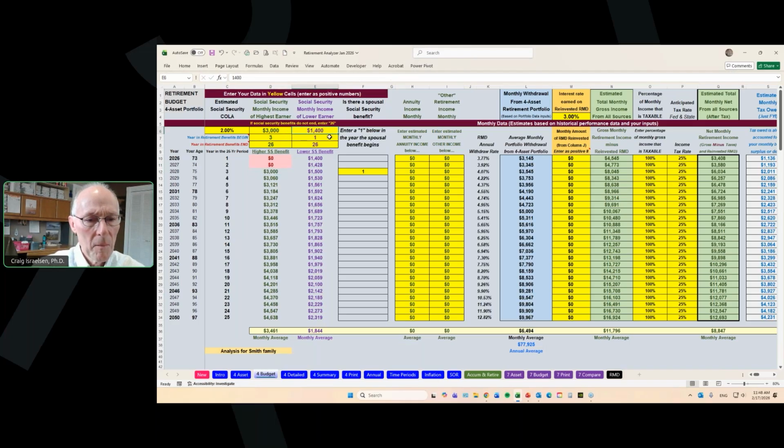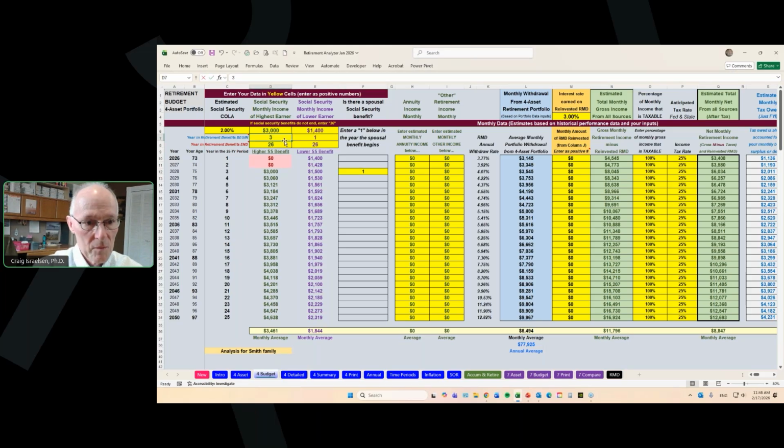The other earner, their benefit began in the current year, 2026, but then when the higher earner started claiming, there was a spousal benefit. And so this is a new feature of the RPA. You can enter when there is a spousal benefit. In this case, it was year 3.